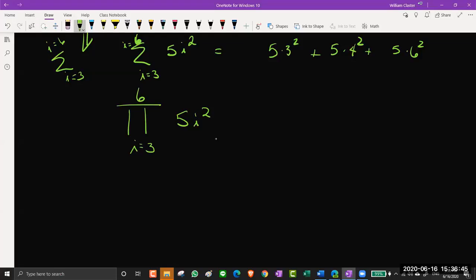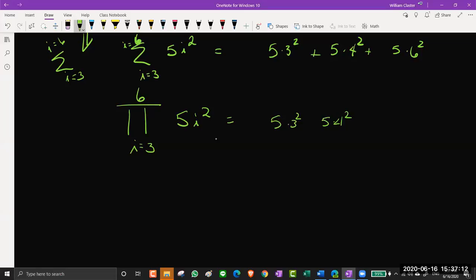Now how about this? What do you think this means? Okay, well, I'll tell you. It means you put in 3, you put in 4, you put in 5. So let's do that first. So put in 3, I get the same thing as before, 5 times 3 squared. And then 5 times 4 squared. And then, whoops, I missed something here.